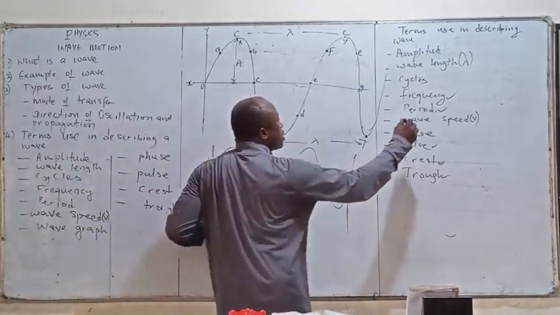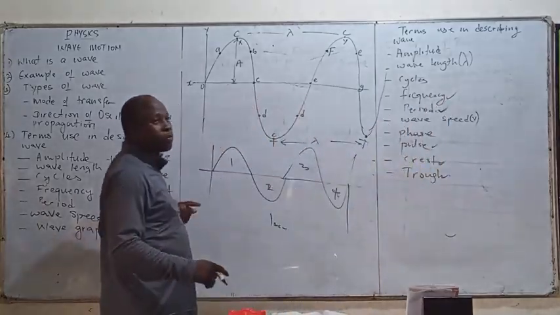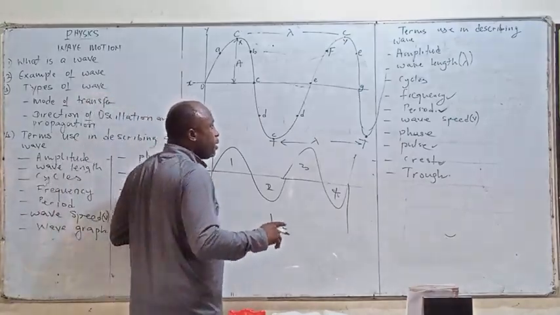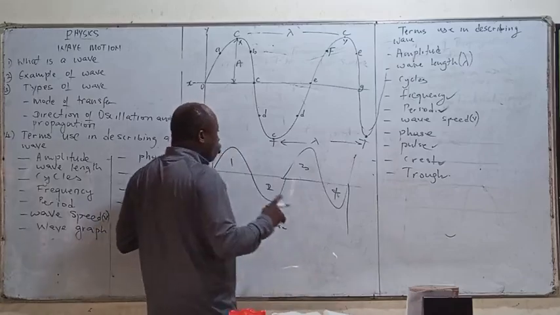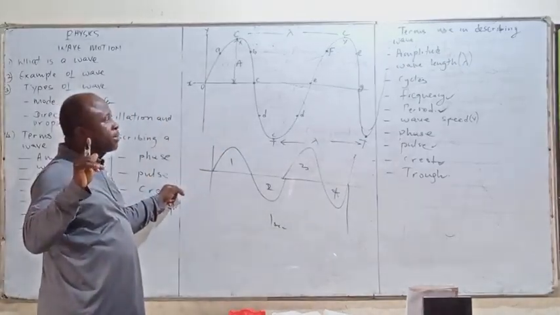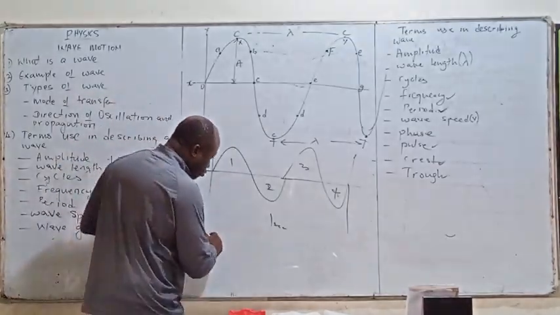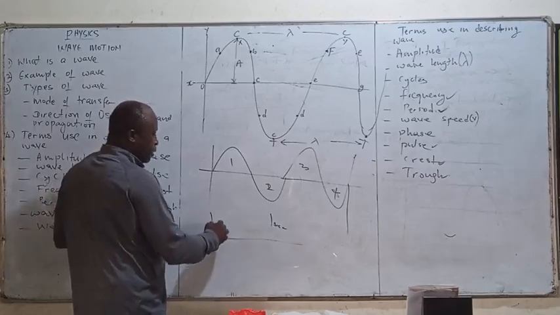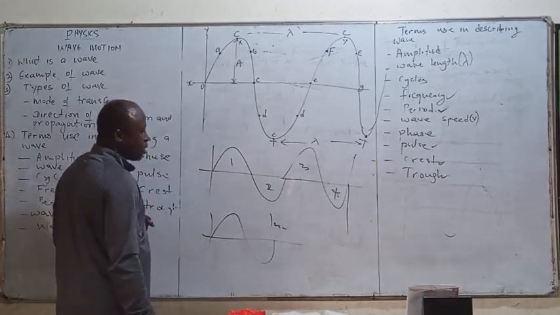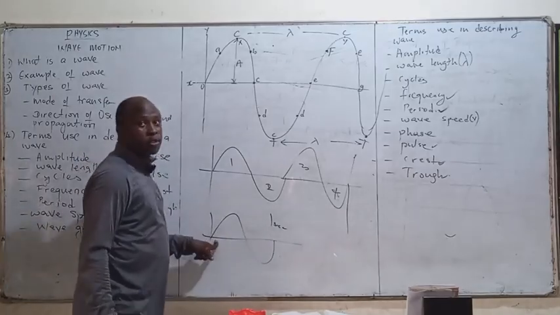I round up with period. Period is the time taken to complete 1 cycle. If I draw a diagram like this, this is a cycle. The period is the time taken to complete 1 cycle, and the SI unit is seconds.